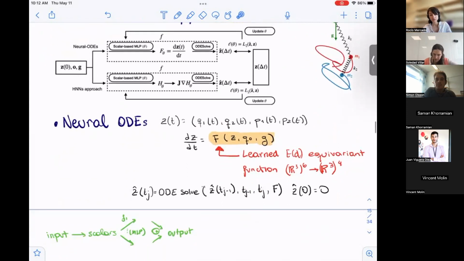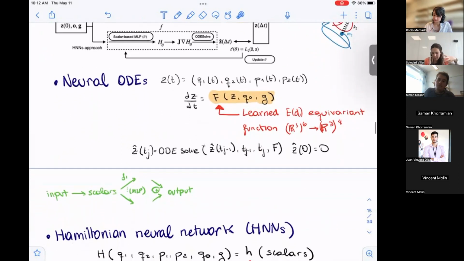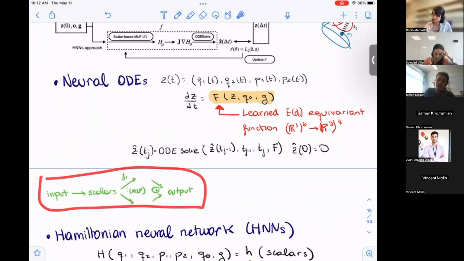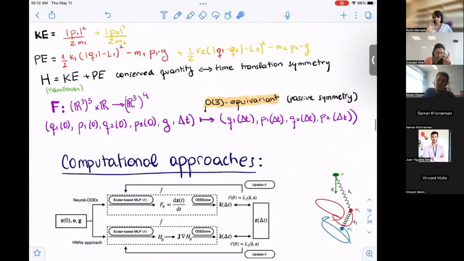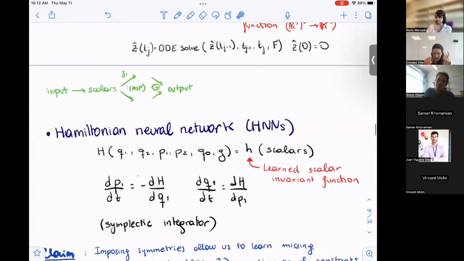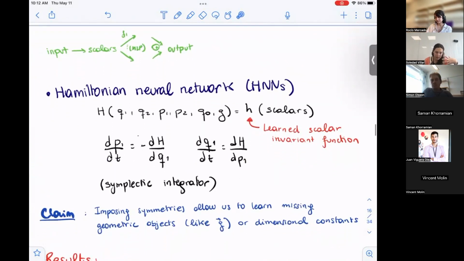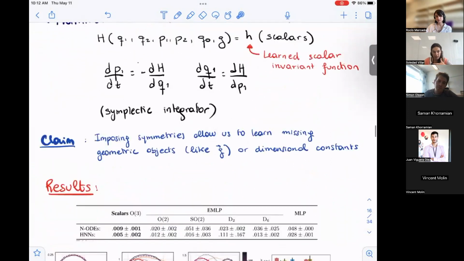Then you can just use a neural ODE to solve that, parameterizing the class of functions using the architecture that I explained earlier. Or you can impose another symmetry, a Hamiltonian symmetry, because we know that the system is Hamiltonian. The way you can implement that is by learning a scalar function, which is going to be the Hamiltonian, and using a symplectic integrator to integrate the dynamics.